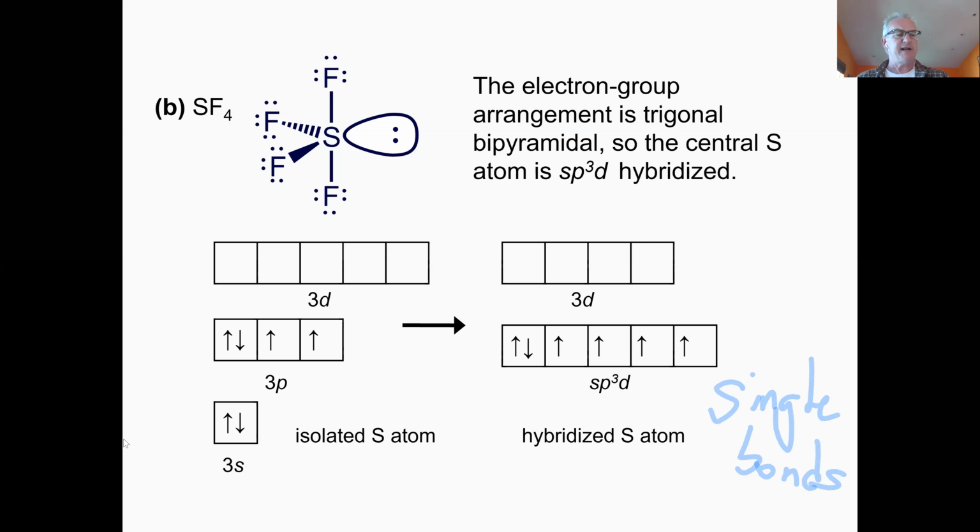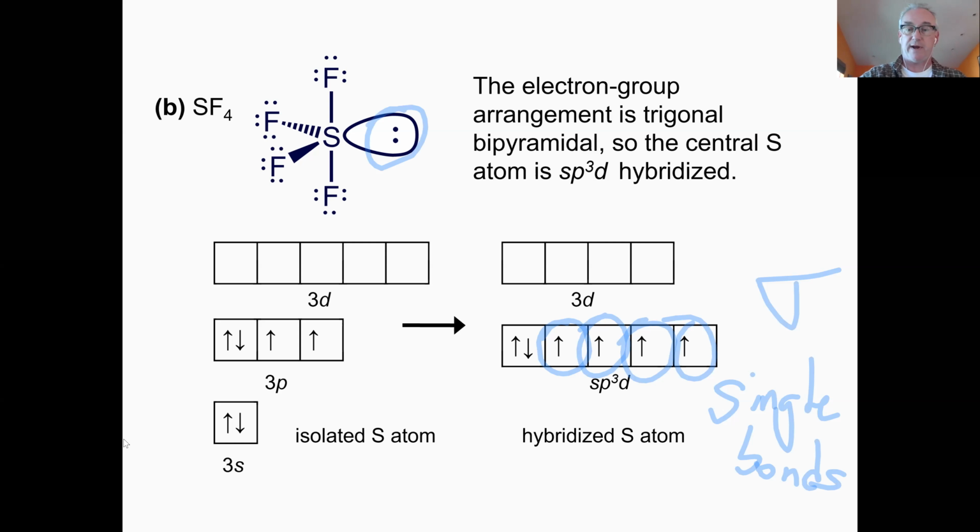What's another name for single bonds? Anyone remember? Was it sigma? Mm-hmm, exactly. Single bonds are sigma bonds. And so we're going to fill in our hybridized orbitals to give us the proper number of sigma bonds, 1, 2, 3, 4, and lone pairs go in hybridized orbitals as well.